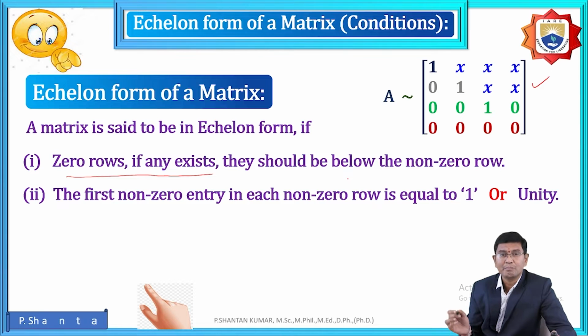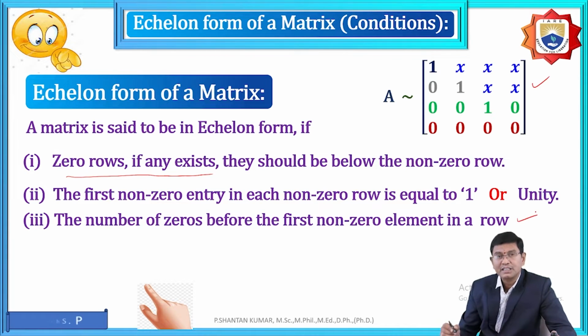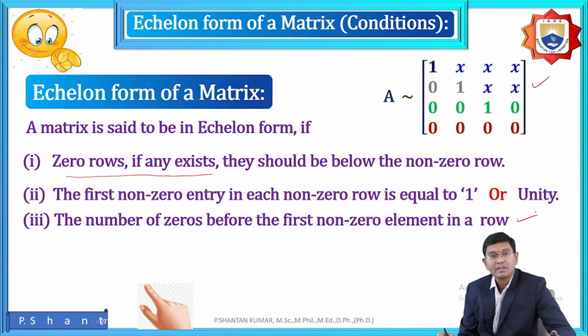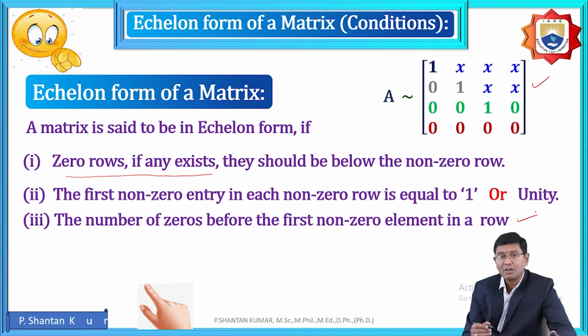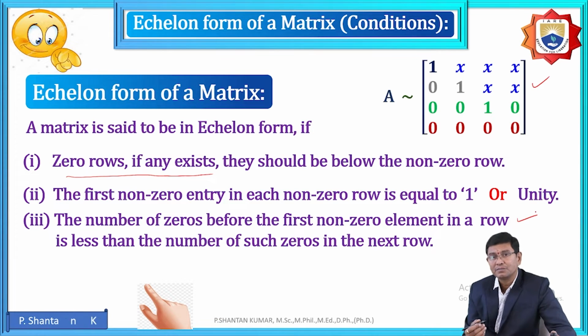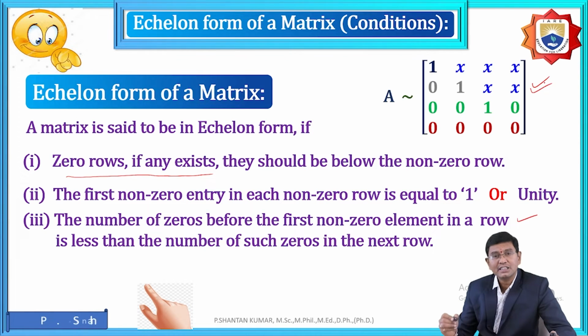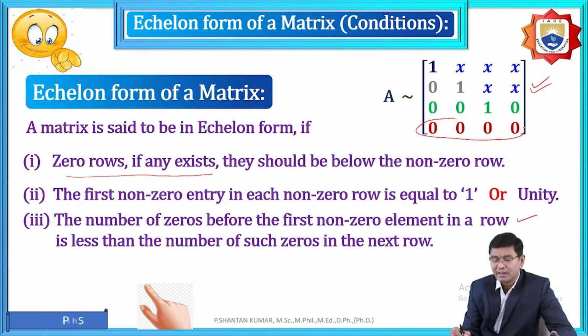That is any number. And the most important one to remember is the third condition: the number of zeros before the first non-zero number should be less than the number of such zeros in the next row. While observing the matrix on the right side, here one zero row exists, and I kept it at the bottom.